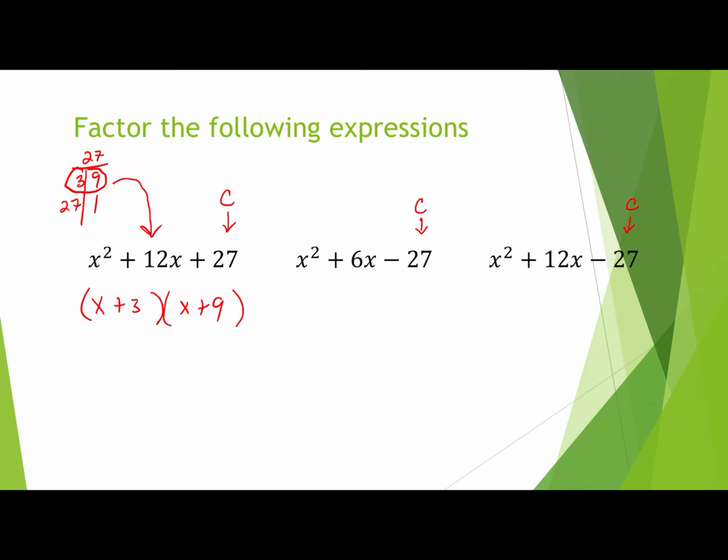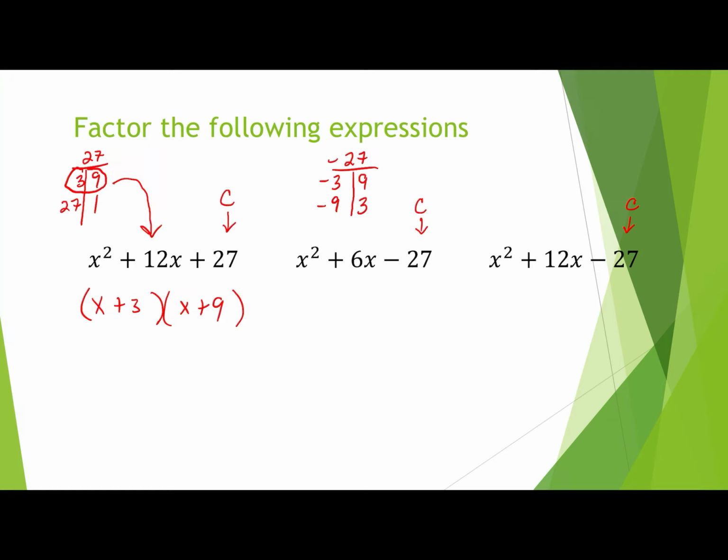Okay, for the second one, I purposely chose negative 27 because I want you to recognize that if we're doing a negative C value, then we have to account for that. So are we talking about a negative 9 and a positive, or sorry, a negative 3 and a positive 9? Or are we talking about a negative 9 and a positive 3?